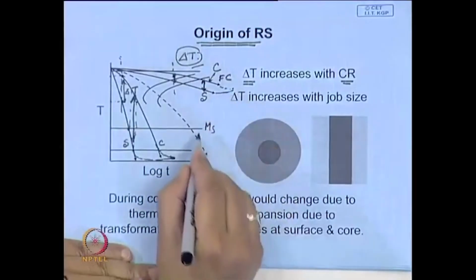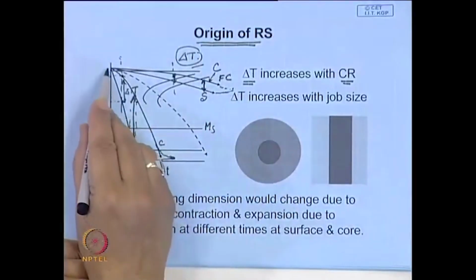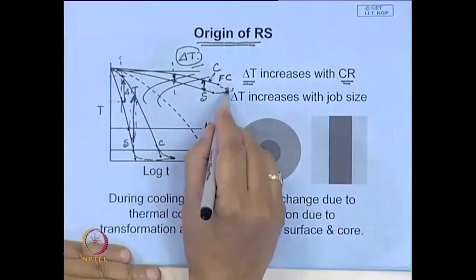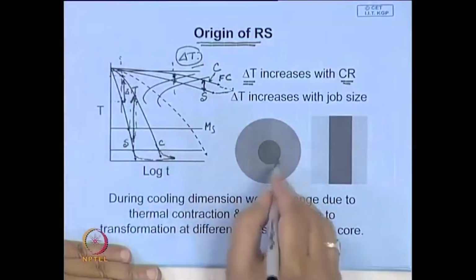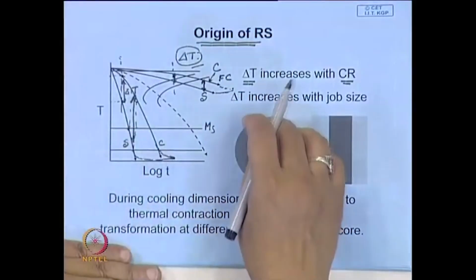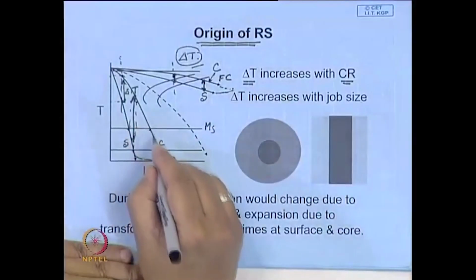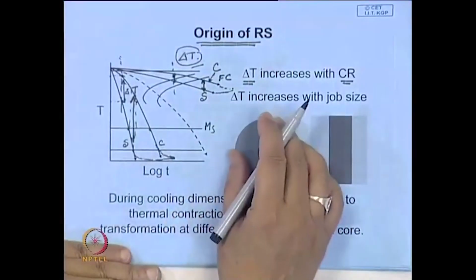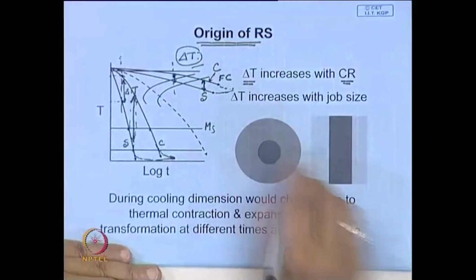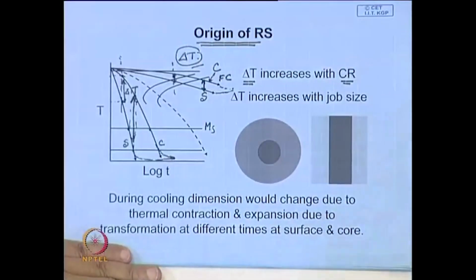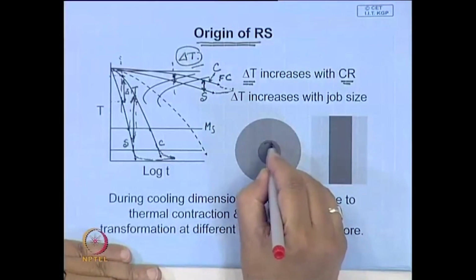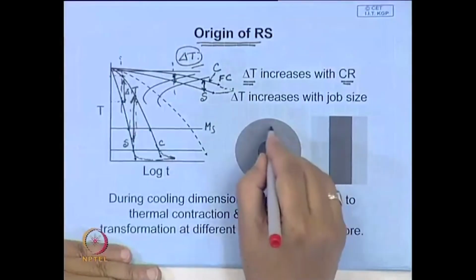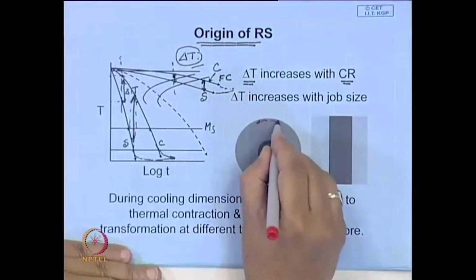So, this plot actually should come down and go like this, and again the temperature difference decreases. That means towards the end of the transformation, the core tries to expand, but the surface has already reached its final size and will not allow it to expand. Therefore, here you will have compressive stress, tangential compressive stress, whereas in the core there will be tensile stress.